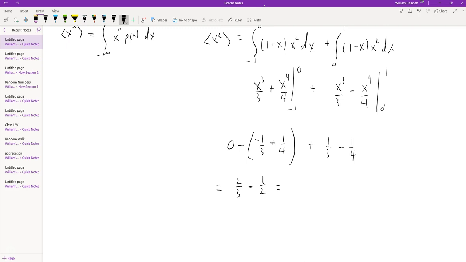Using a common denominator, multiply this by 2 to get 4/6, and this by 3 to get 3/6, which equals 1/6, which equals 2D t. And again, this is per time step, so it's multiplied by time, because every individual step is an independent thing. The variance is just the variance for one step times t. So D equals 1/12.